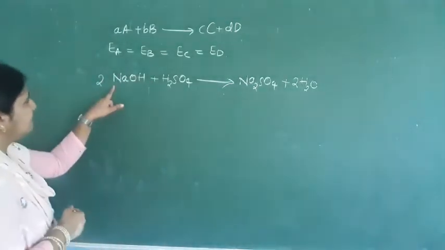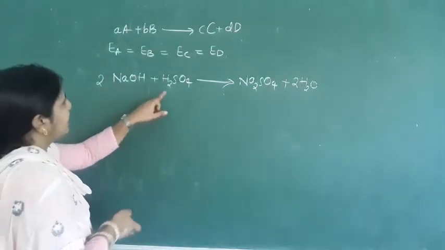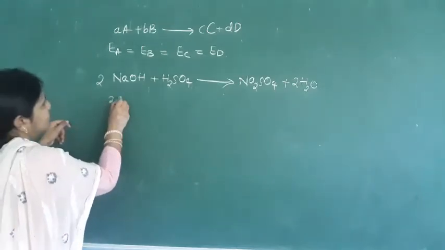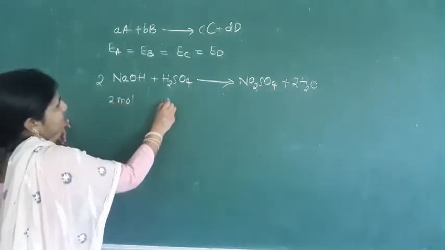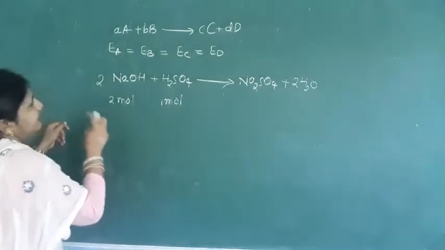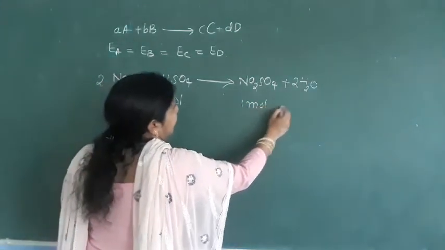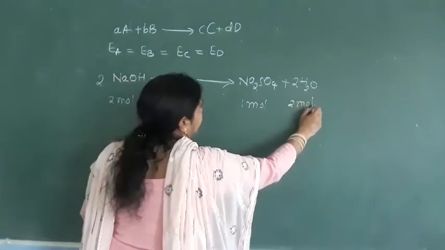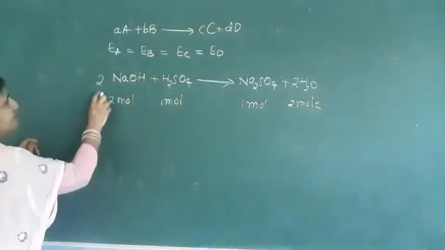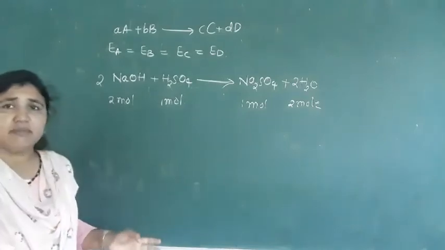So see this equation: sodium hydroxide, how many moles are there here? 2 moles react with 1 mole of acid, and it gives 1 mole of sodium sulfate and 2 moles of water. Now find out the number of gram equivalents.